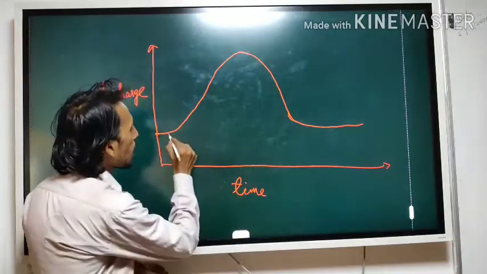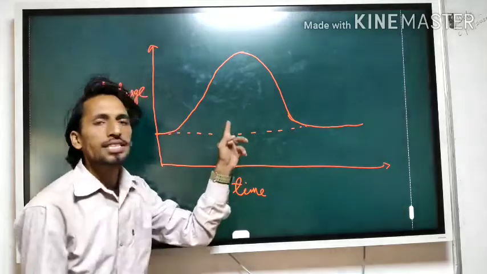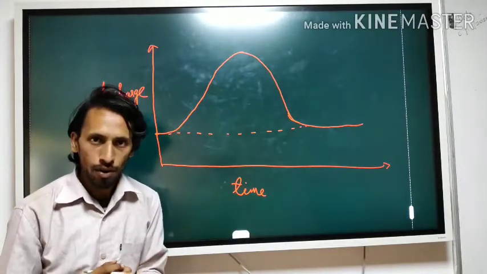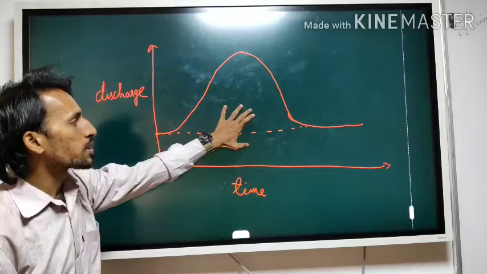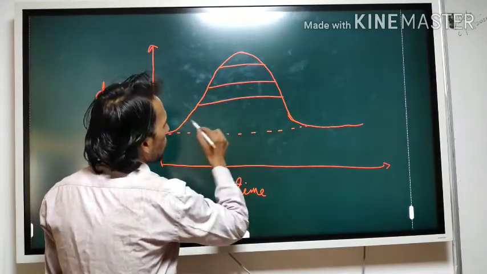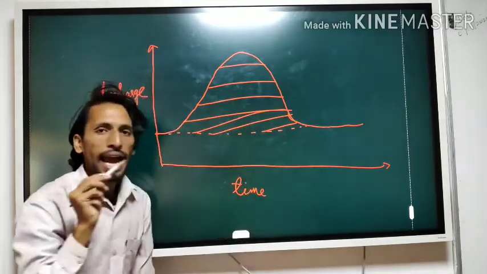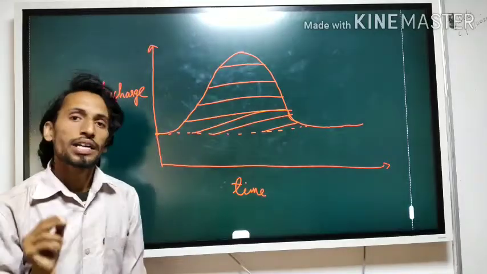ये जो extra amount of discharge आया है, ये किसके वजह से आया है? This is because of rainfall. So if you could observe, this much area of this graph is because of precipitation, is nothing but your runoff.